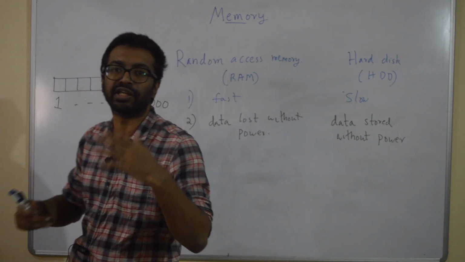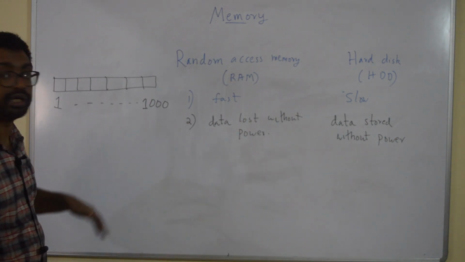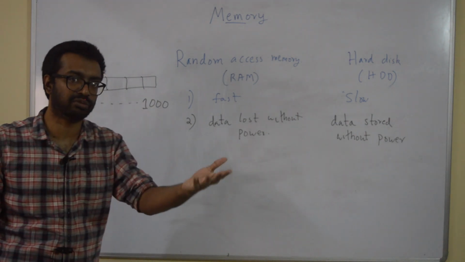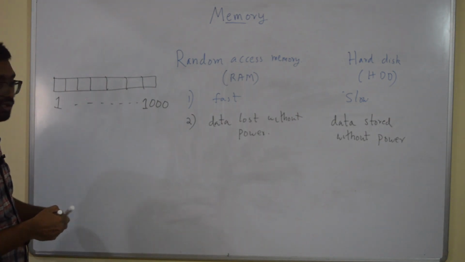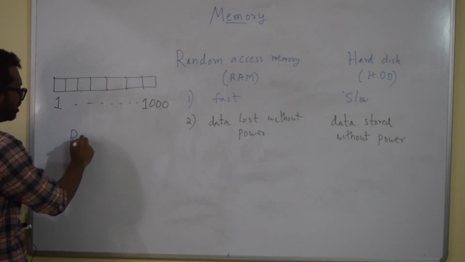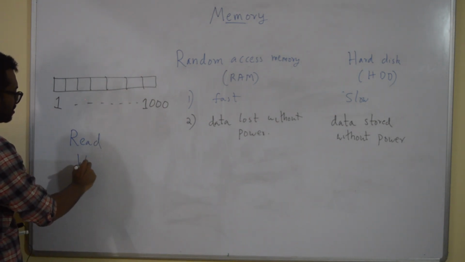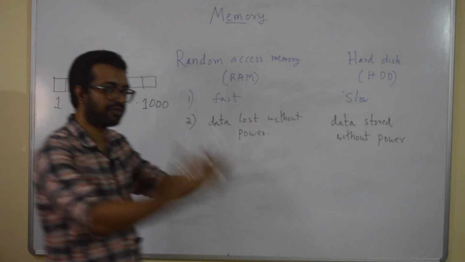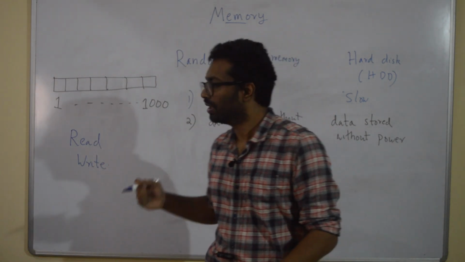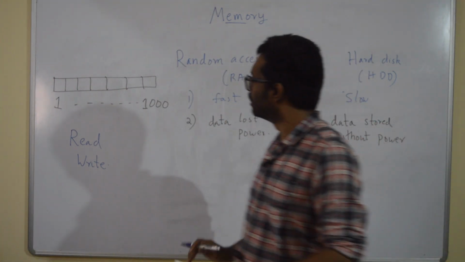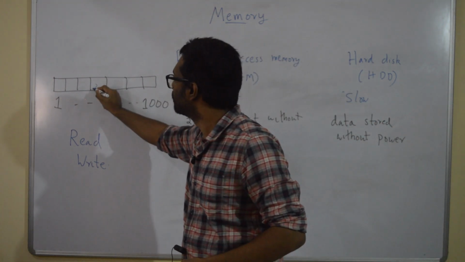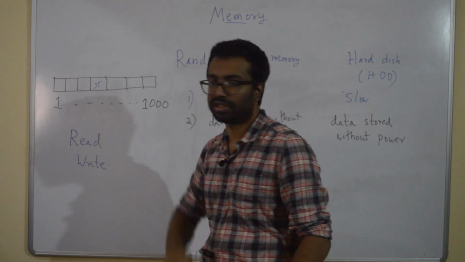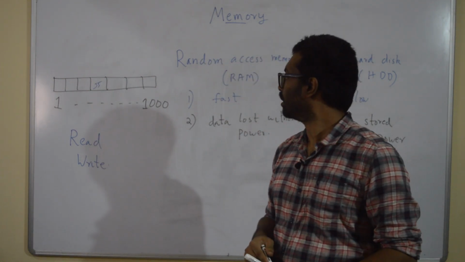What are the two kinds of things you can do in memory? You can read from a memory location, and you can write into a memory location. Those are the two operations possible: read and write. Write is, I wrote 55 into that memory. Read is, I read 55 from that memory.